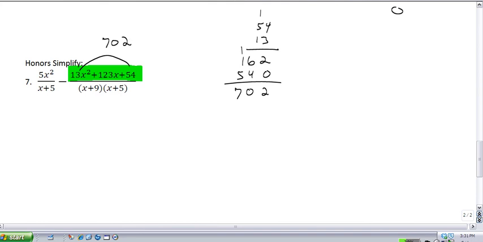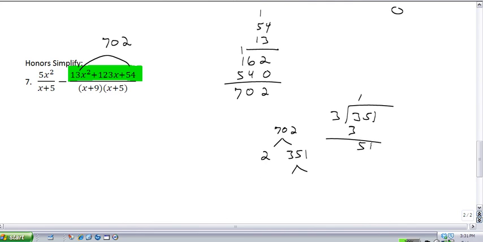Oh, okay. Let's see. 702 is 2 times 351. Well, those aren't going to get me to 123. Okay, 351. 351 is divisible by 3 because if you add the digits, you get 9. So what is it? 351 divided by 3. 1 times 3 is 3.